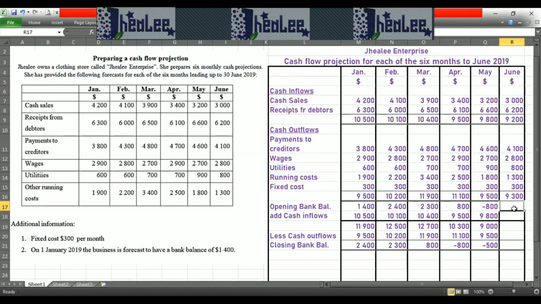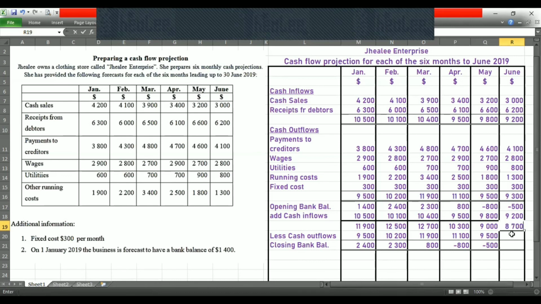So when we start the next period, you would notice that, again, remember, your closing balance becomes your opening. So we are starting with negative 500 for June. To that, we're going to add the inflows of 9,200, and that inflow added to the negative 500 would give us 8,700.